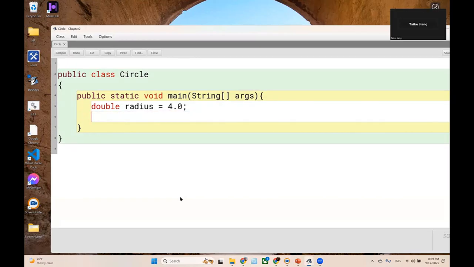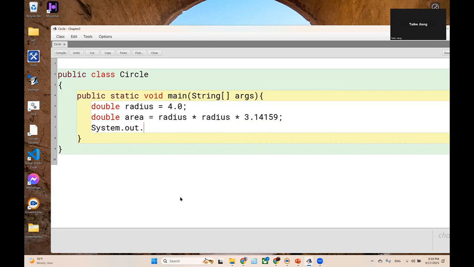Then you declare your double area equals radius times radius times 3.14159.